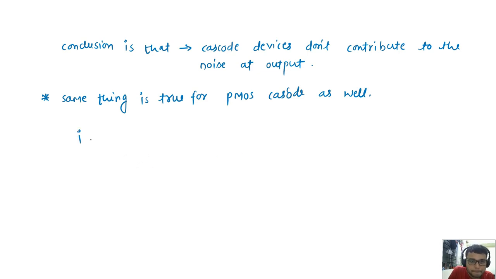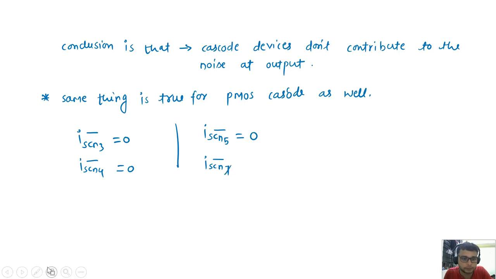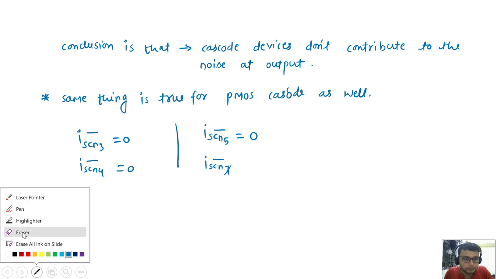So ISC N3 equal to 0 means the contribution at output is 0, and ISC N4 equal to 0. Same for ISC N5 and ISC N6 equal to 0.